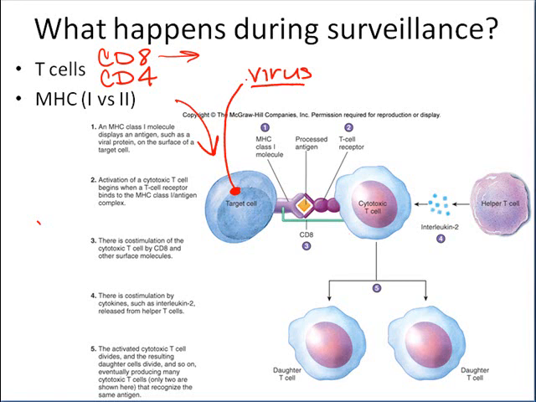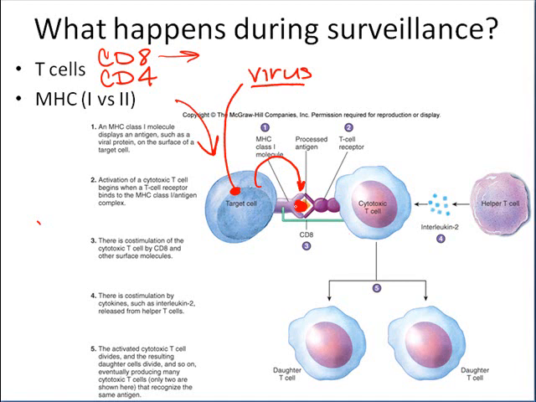When that virus infects the target cell, one of the things the target cell does to try to warn nearby cells of the viral infection is take some of the pieces and parts of the viruses it's making and incorporate those into its MHC1 protein. So here is this processed antigen from the virus that the target cell has intentionally put into its MHC1 molecule.